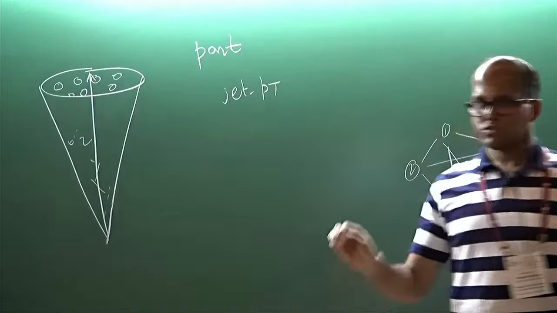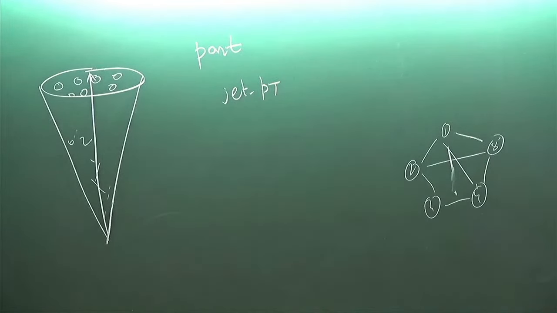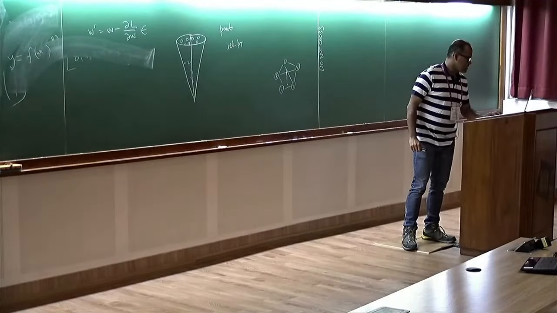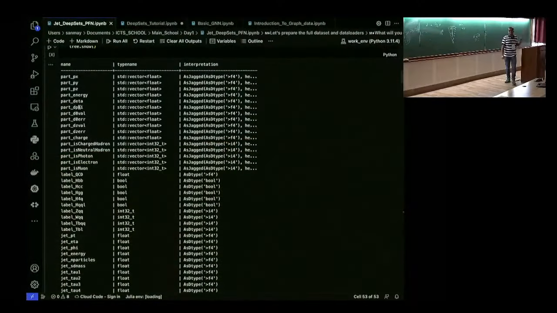Just to understand what these variables are, when you see something like d eta, d phi in the list, it means that the jet along this central arrow has an eta and phi, and the difference of the eta of the particle with the jet eta is called d eta. Does this make sense? Similarly for d phi.